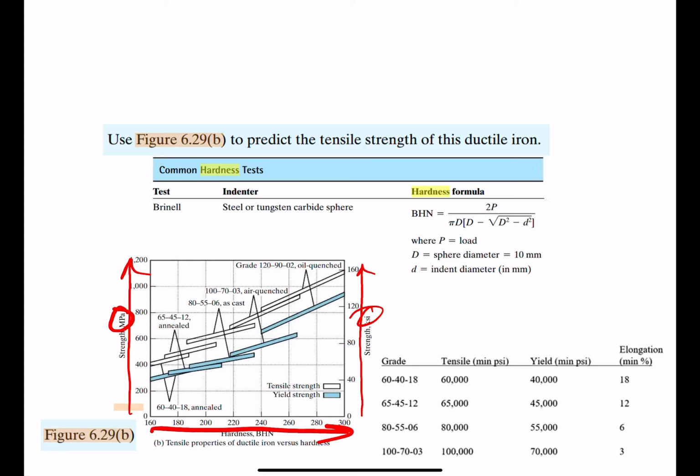These two little black lines point to white data, which is the tensile strength property, and blue data, which is the yield strength.